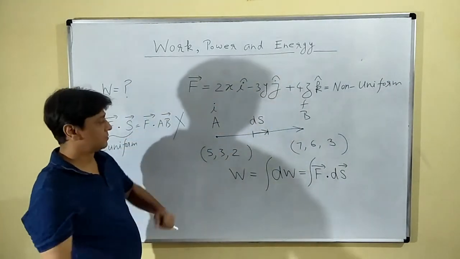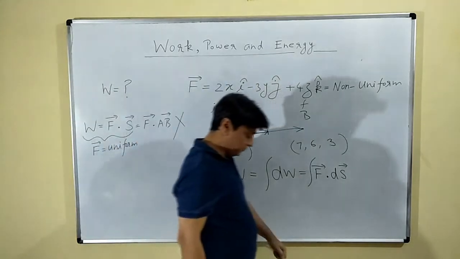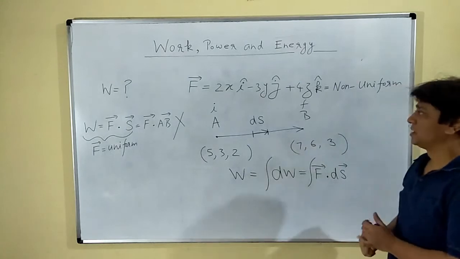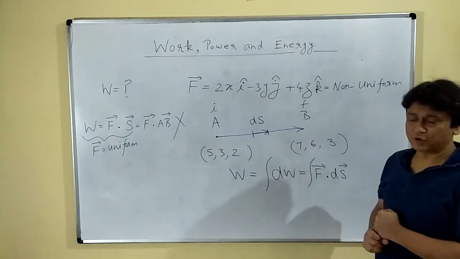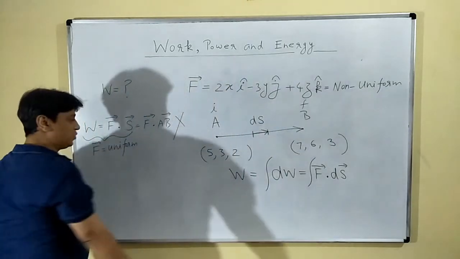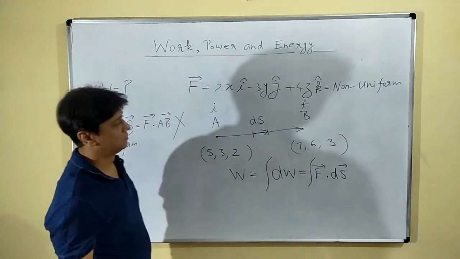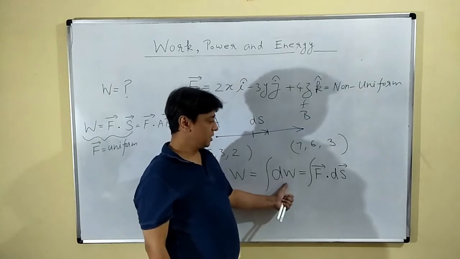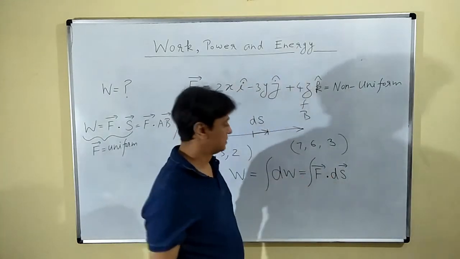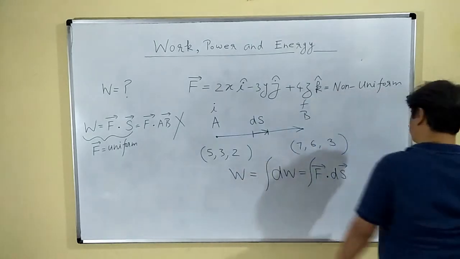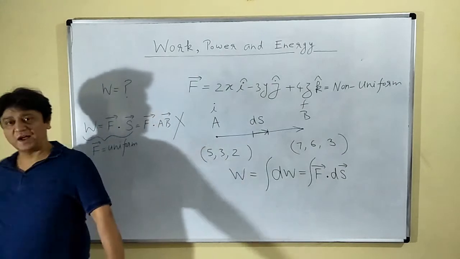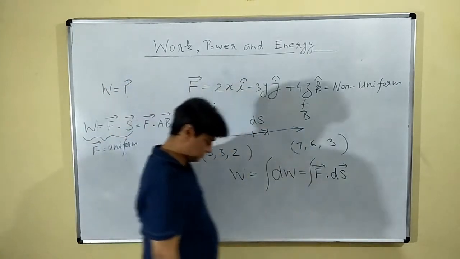Next line. If force is non-uniform, then we use dW equals F dot ds. Then we use dW equals F dot ds.